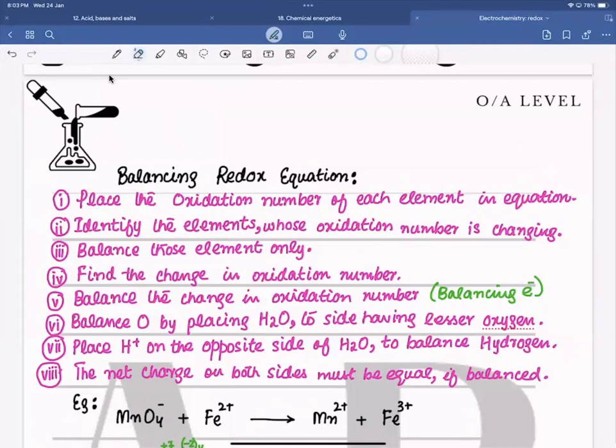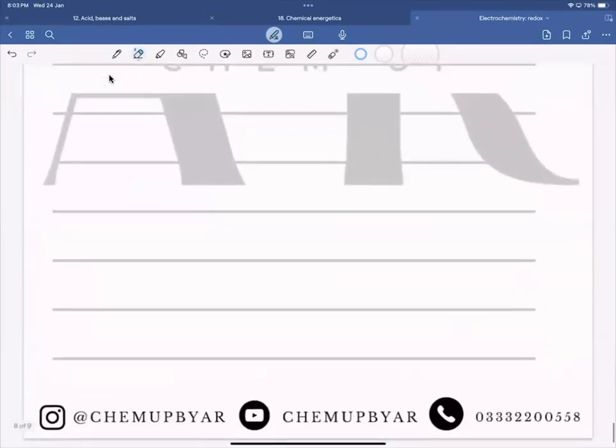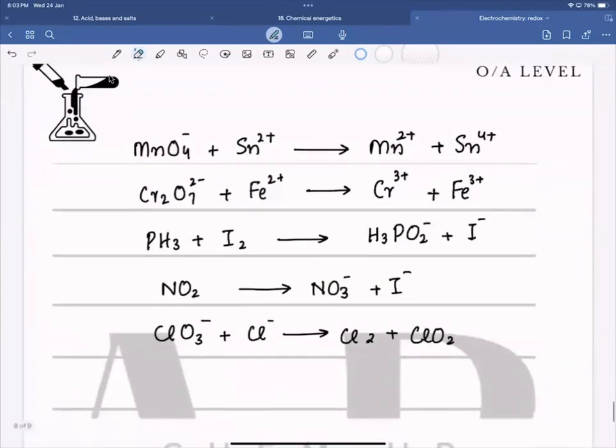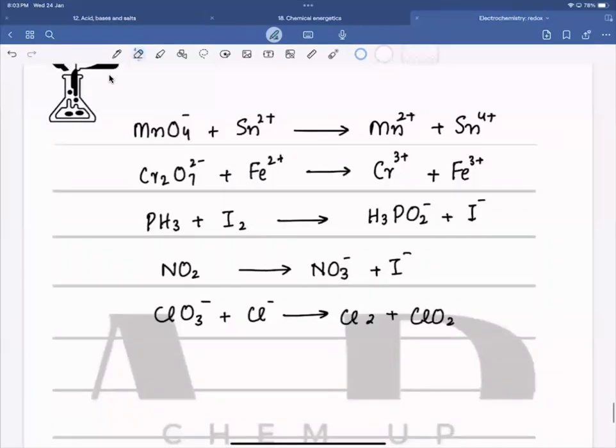Okay. So first, let's start with this question, this first equation.